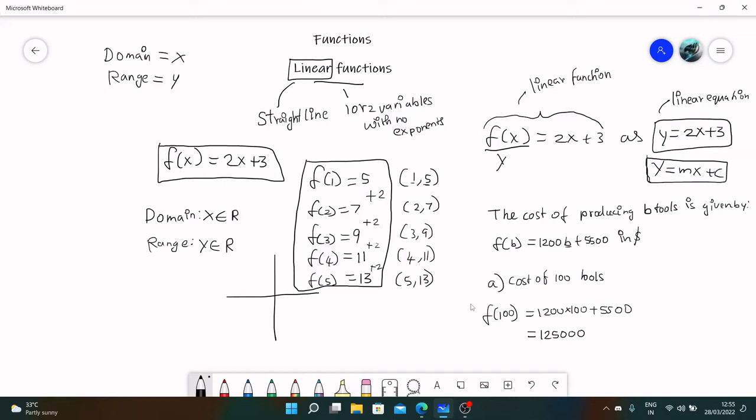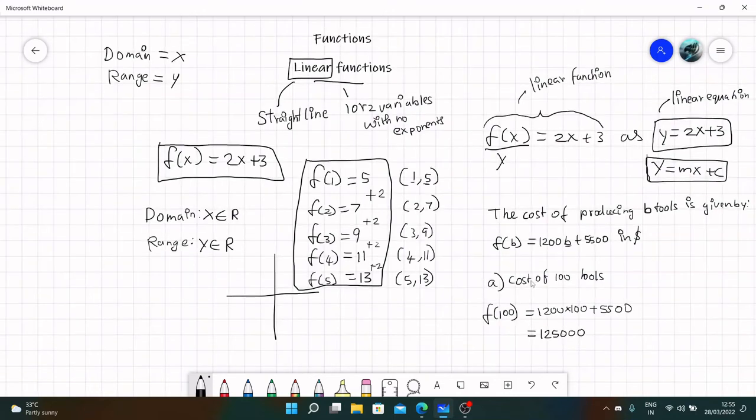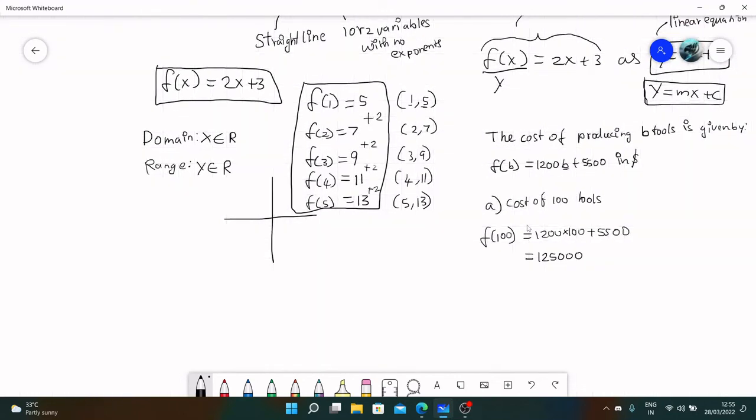And then the next part is to find the cost of 101 tools. So we'll do the same thing. f of 101 equals 1200 into 101 plus 5500.